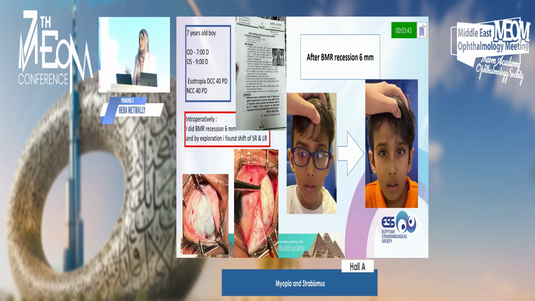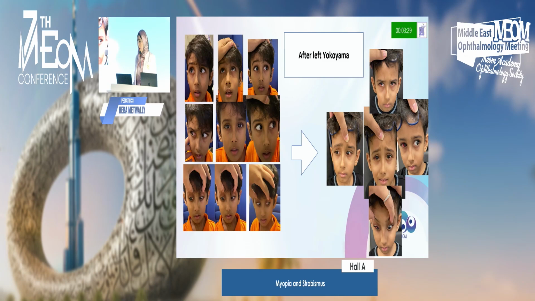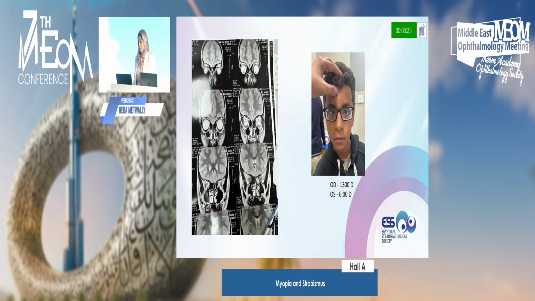So I requested an MRI for this patient, and I found that he had a shift of the superior rectus and the lateral rectus muscle. I readmitted the patient and did a Yokoyama to correct his esotropia, and he is stable for a long time.